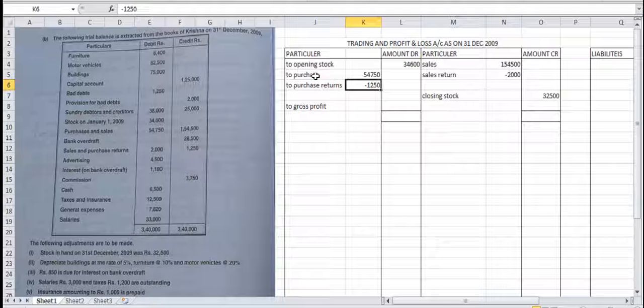Otherwise for purchase return no need, you can also take it as minus, means less, you can write like this. For sale write this, here write less. For closing stock also write this.